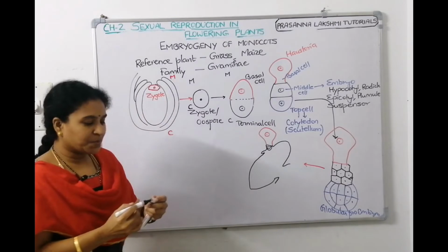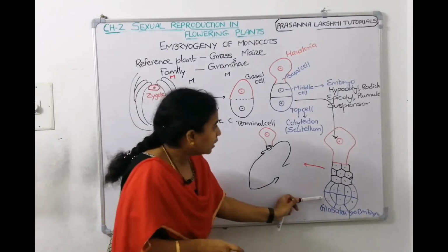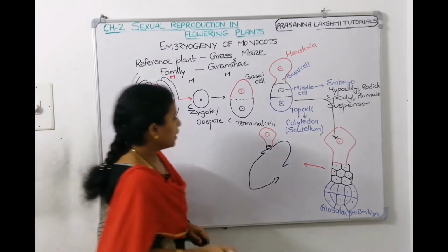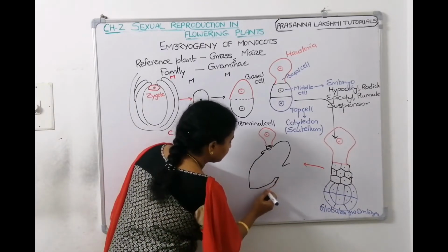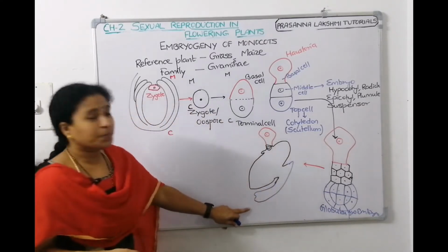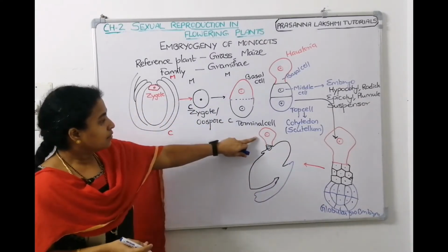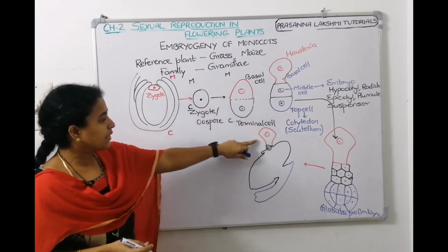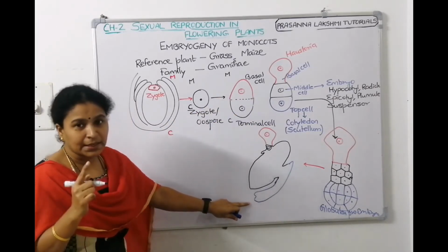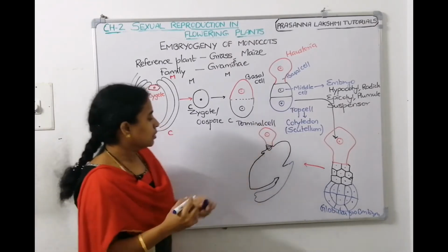It's going to make this much structure, whereas the blue colored one, which is the top cell, which has to make the scutellum, we are using blue. So yes, this becomes the scutellum. Now here, this is the haustoria, which is made from the basal cell, and this is the proper embryo, and this is a single cotyledon, which is made from the top cell.